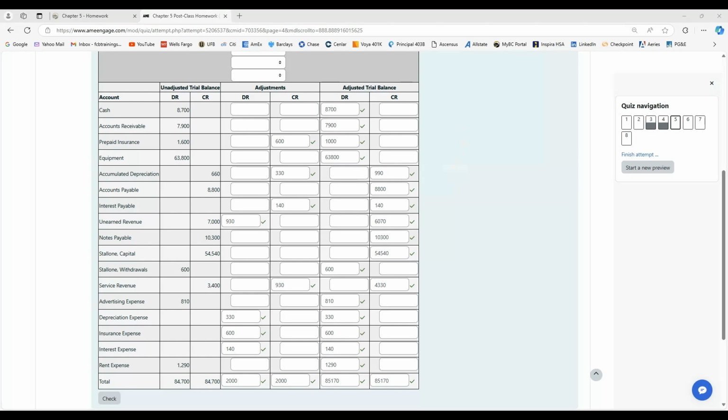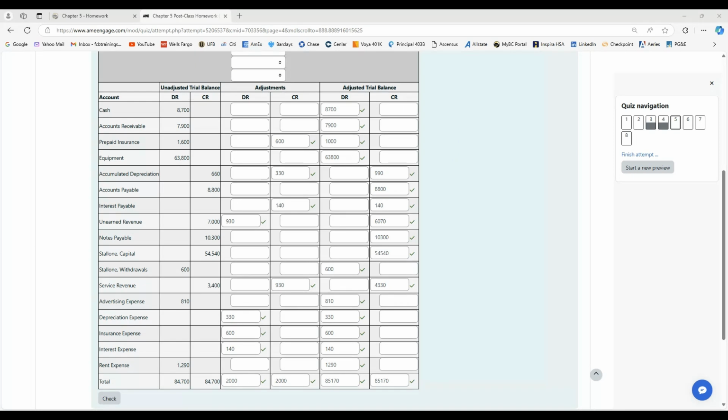Let me add up my credit column just to see if that actually balances. That's the risk you run of assuming that it's just going to balance. But if we do that, oh, I get it. These all add up to 85,170. This is the 2,000.